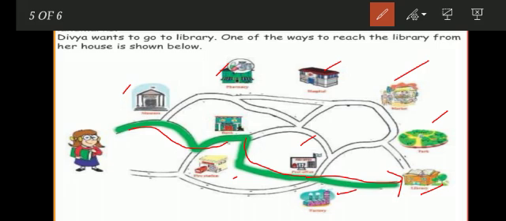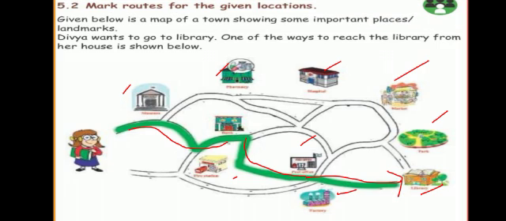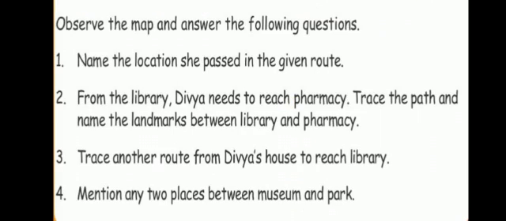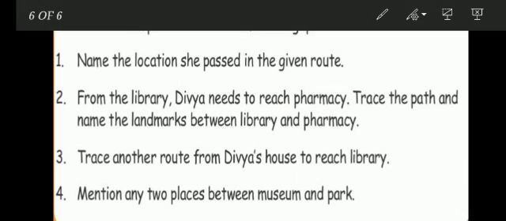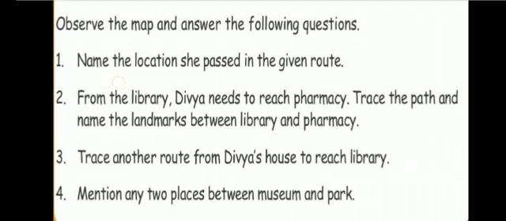So now you see the first question and write the answer. Observe the map and answer the following questions. First question, name the locations she passed in the given route. Now we write the location names only.